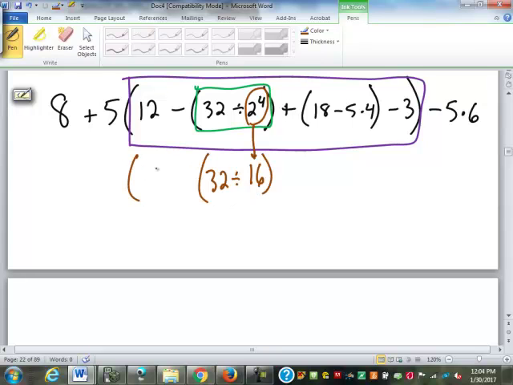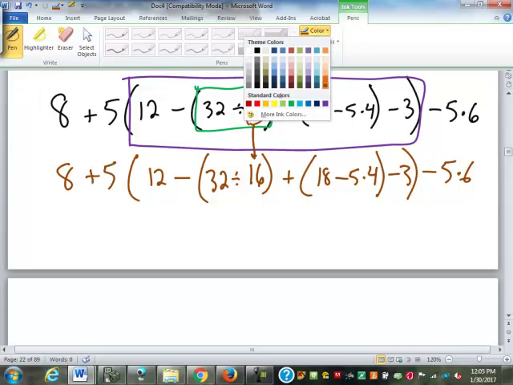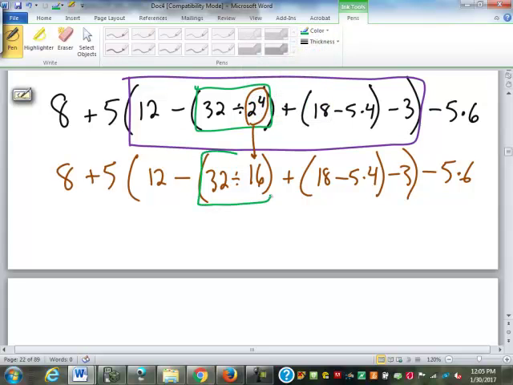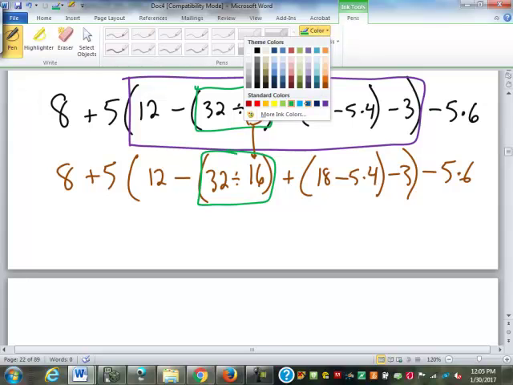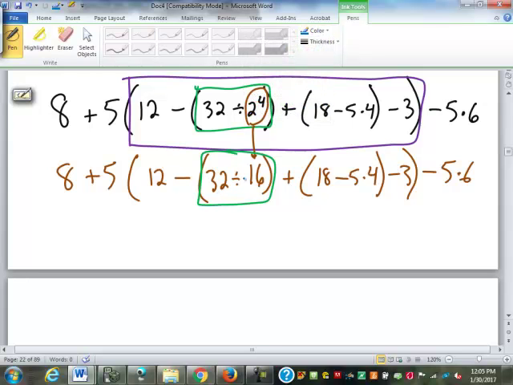So I take out the 2 to the 4th power, and I replace it with 16. The rest of the problem does not change. So I'm still working inside that set of parentheses there, inside the green box. All that's left to do is 32 divided by 16, which gives me a 2.